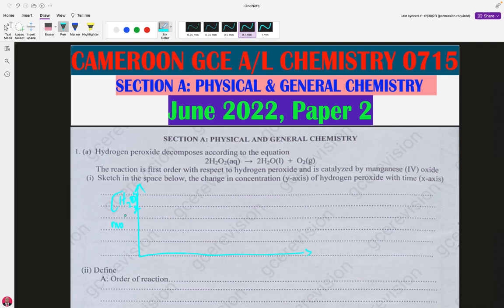You have to label it mole dm cube, and you have to talk of time here, in seconds, per second.